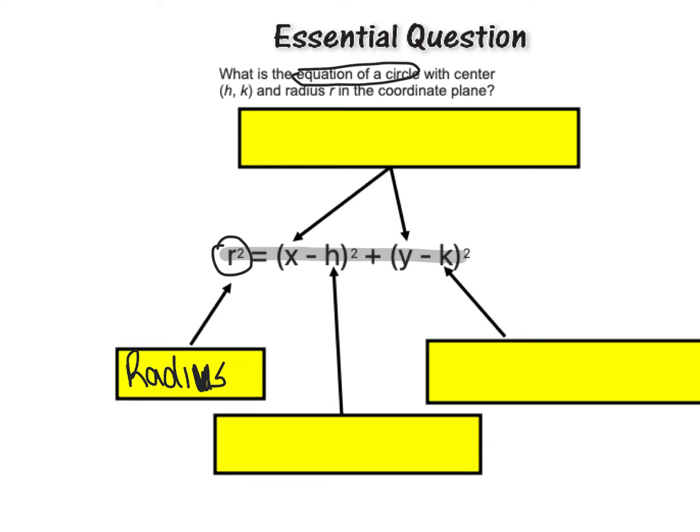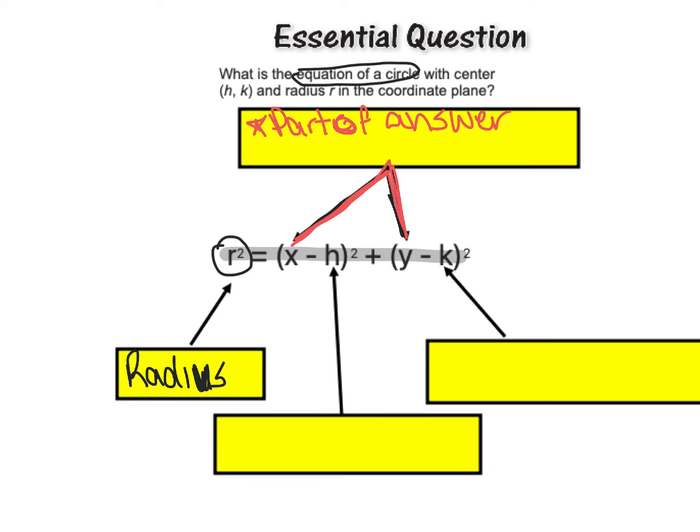And then up here, we've got arrows pointing to x and y. First of all, x and y are going to be part of our equation, so they are going to stay. They're going to be part of our answer.